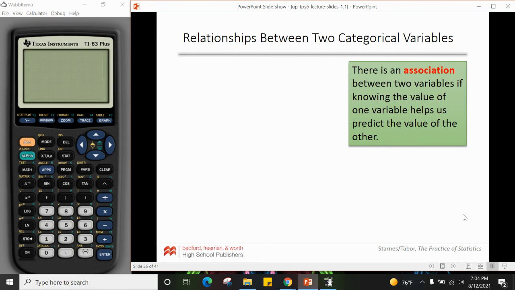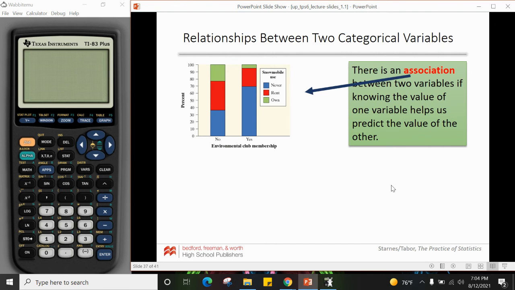So this is going to be a good conversation for class, but there is an association between two variables if knowing the value of one variable helps us predict the value of another. We'll dive more into association, and we'll just stick with the word association.